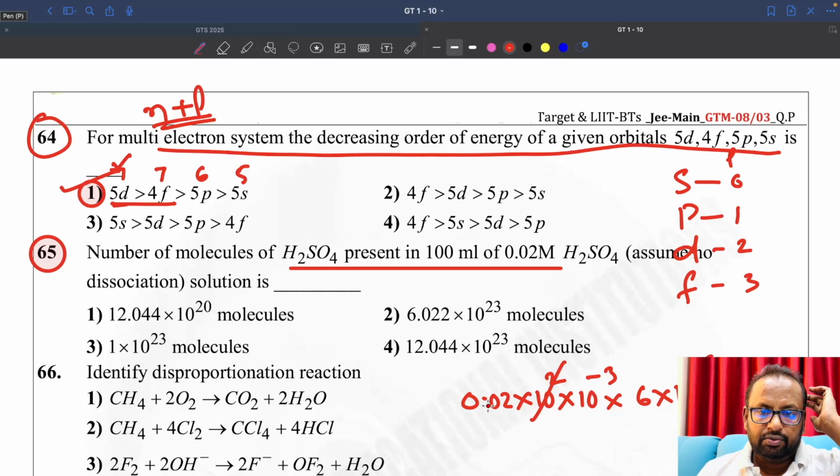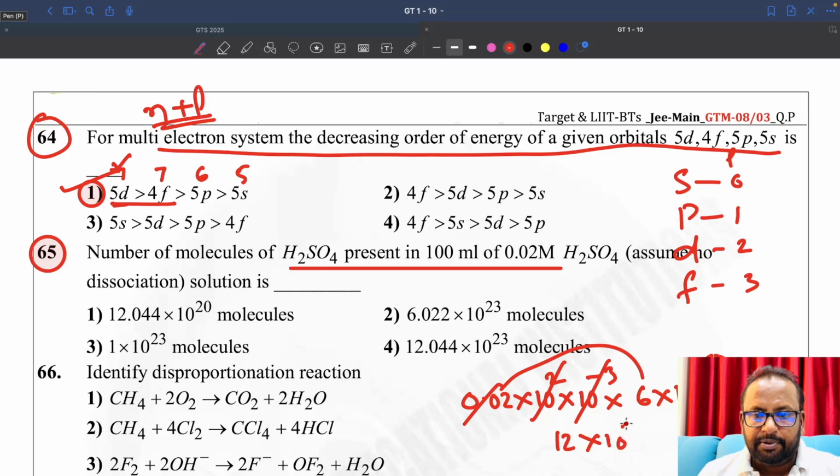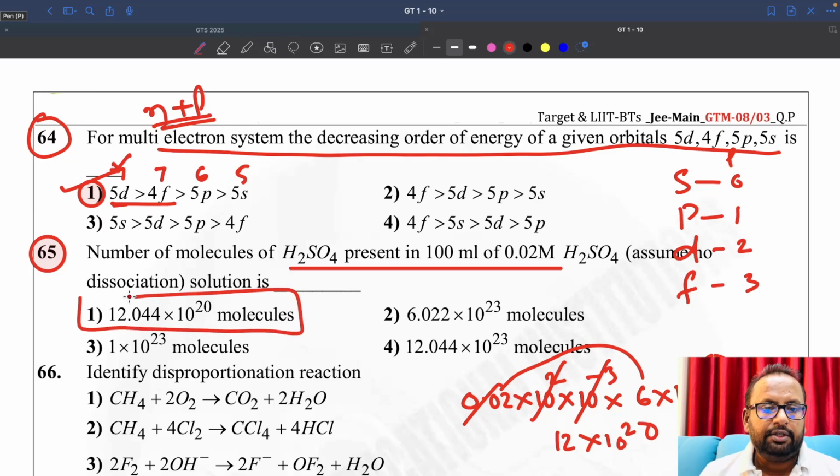So this 2 cancels the decimal, this minus 3 cuts this one. You'll end up with 6 into 2 is 12, so 12 into 10 power 20 is the answer. So option 1 is the right answer for this question.